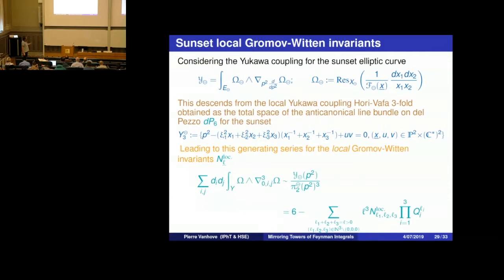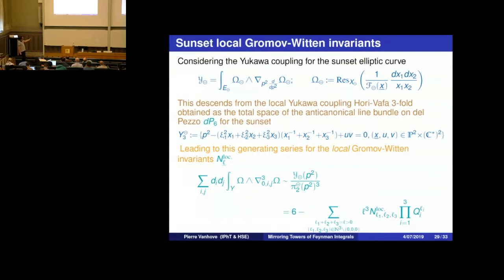Okay? And then you realize that if you embed my DP6 that I described before into a non-compact Calabi-Yau threefold by adding this plus UV equals 0, that means you are constructing this Ooguri-Vafa threefold, which is non-compact, then the local Yukawa coupling of the non-compact Ooguri-Vafa threefold descends precisely to the Yukawa coupling I have on my elliptic curve divided by the cube of my classical period, the cube because it's the cube here.